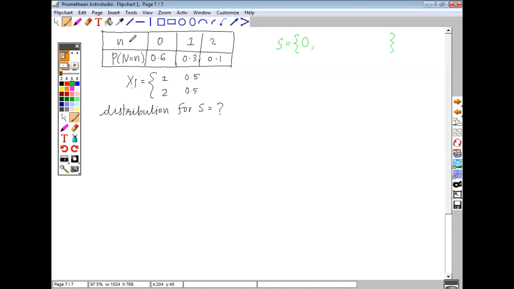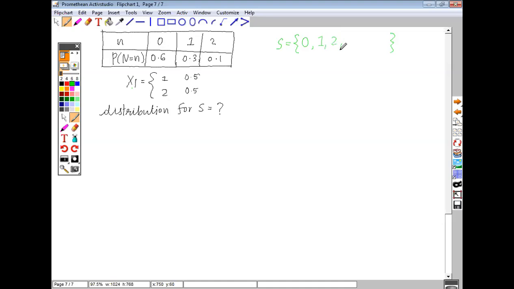Now if my N is 1, what do you think my S can be? If I've incurred one claim, what can be the value of my aggregate claim? 1 or 2, right? Yes, it can be either 1 or 2; you can't be sure of that.